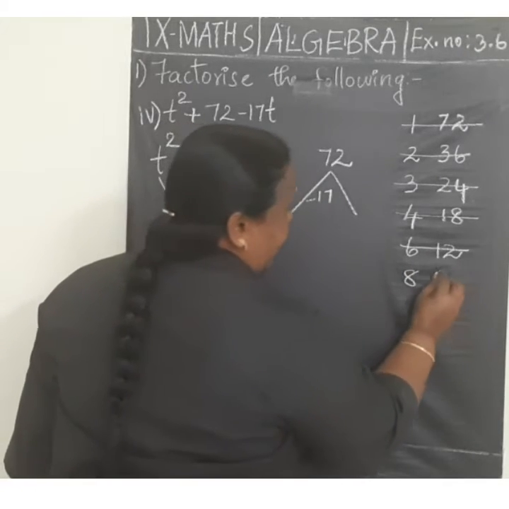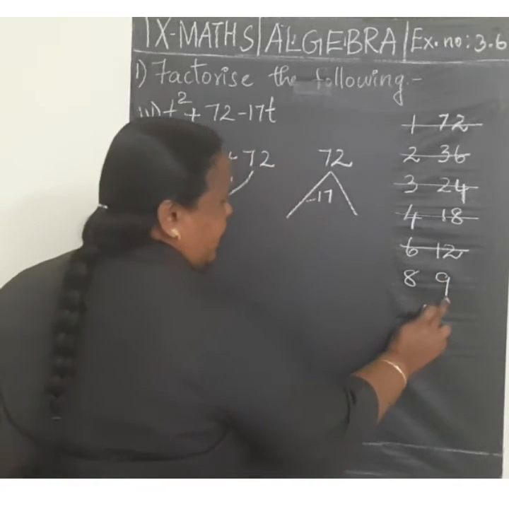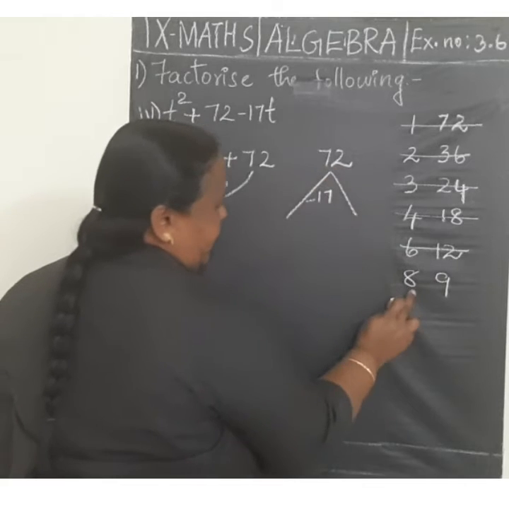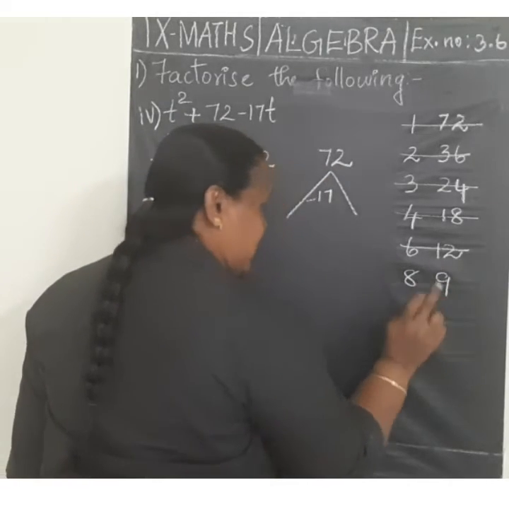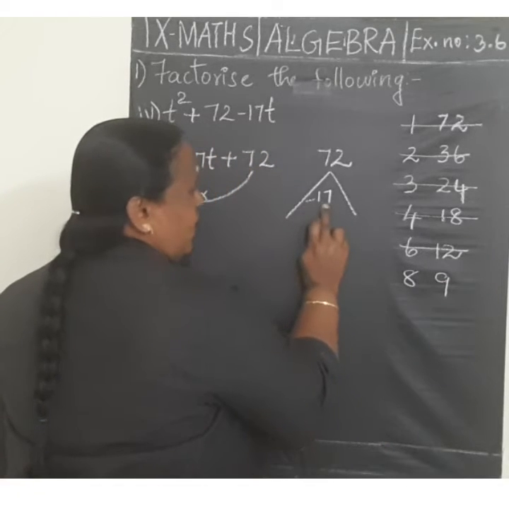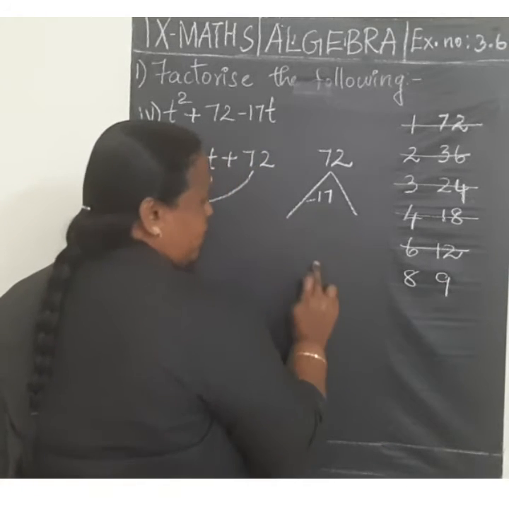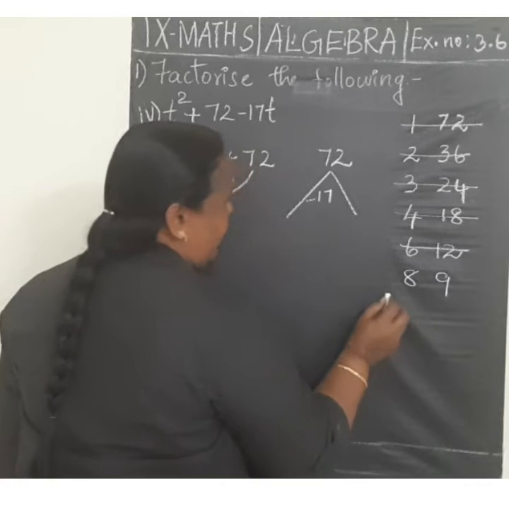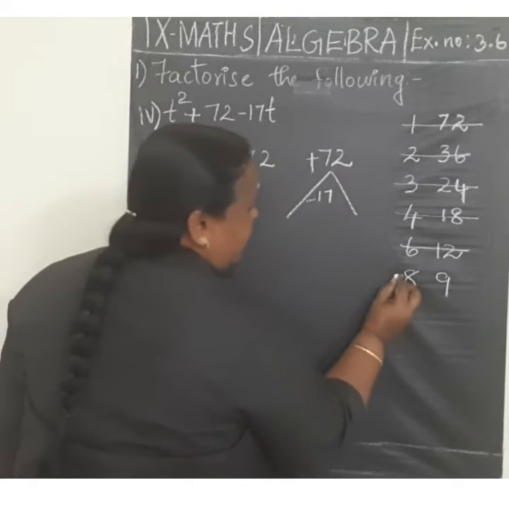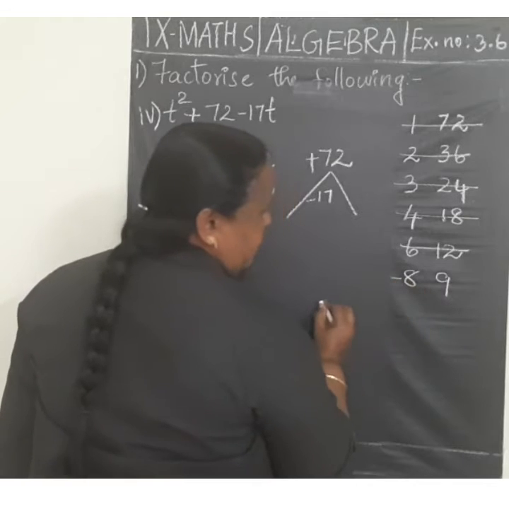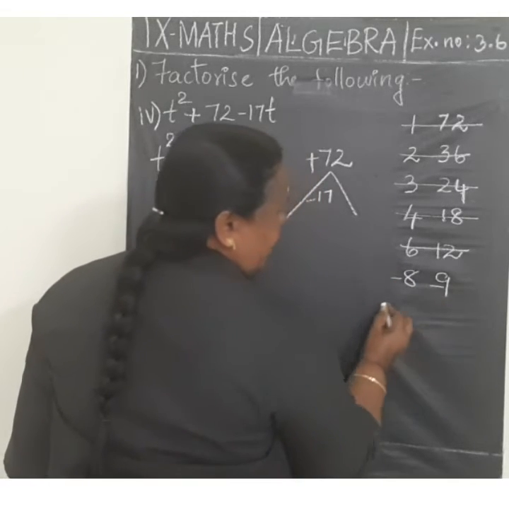In the 8th table, 9 times 8 is 72. 8 9s are 72. Next, if we add this, we get 8 plus 9, 17, but we want minus 17 here, and plus 72. So what we have to do is put a minus sign for 8 and also a minus sign for 9.